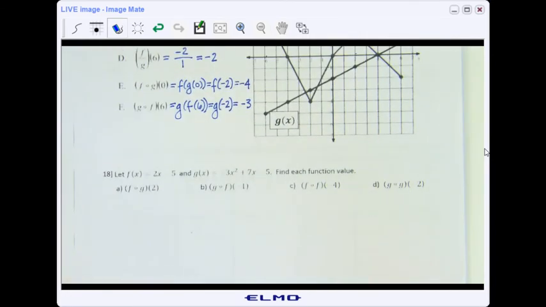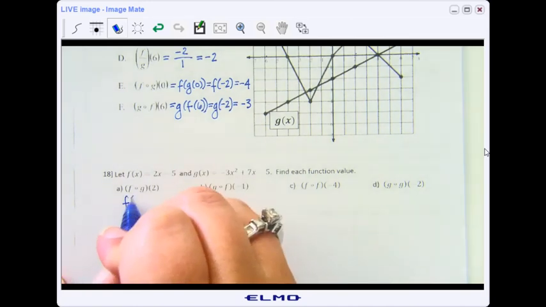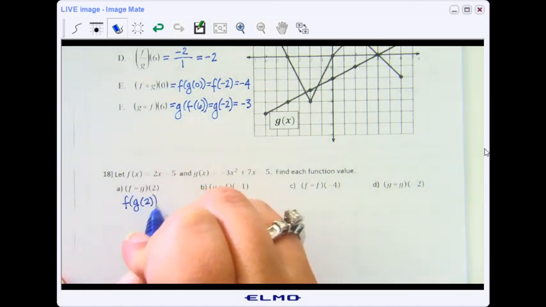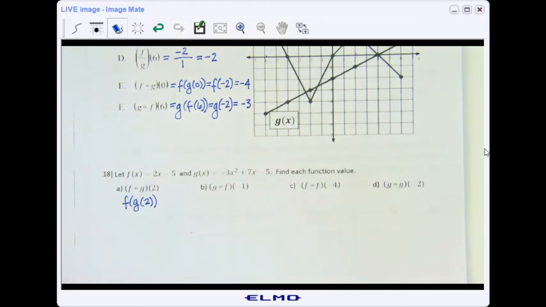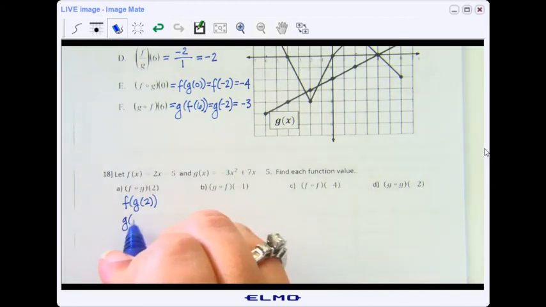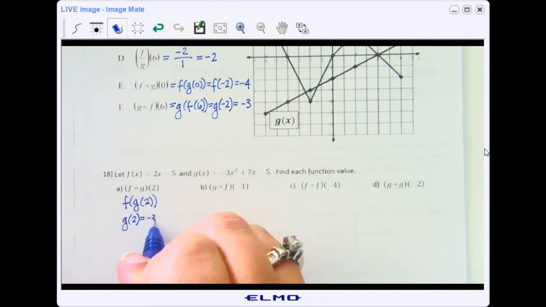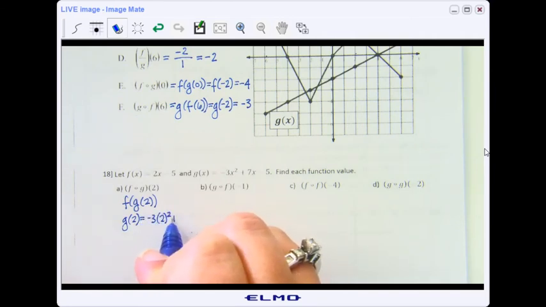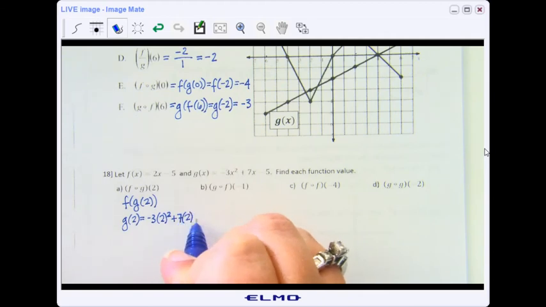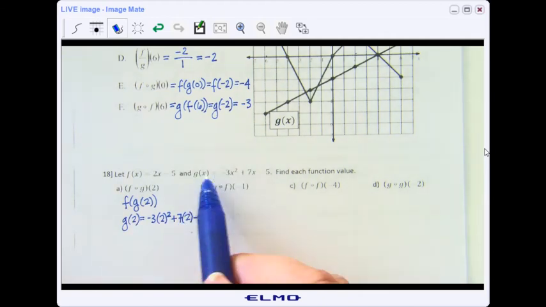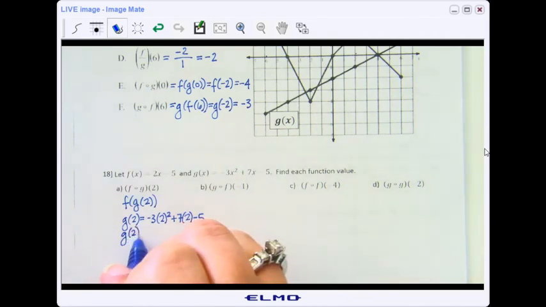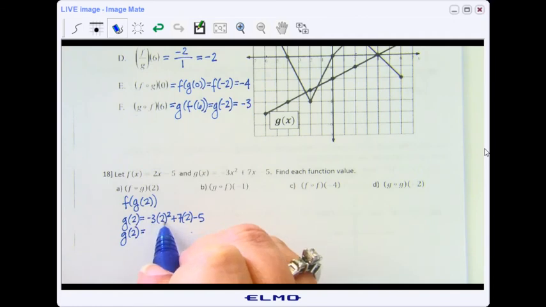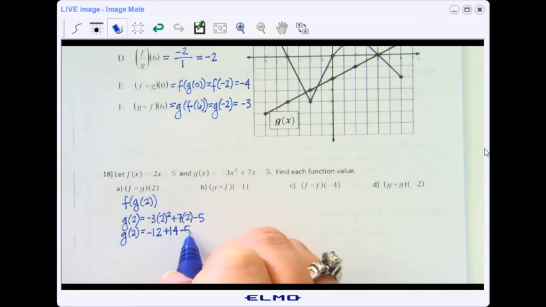Algebraically, when we look for compositions, we're doing the same thing. F of g of 2. I need to find g of 2, so I start there. G of 2 is negative 3 times 2 squared plus 7 times 2 minus 5 when I replace all my x's in g with 2. So g of 2 is equal to negative 3 times 4 is negative 12 plus 14 minus 5.